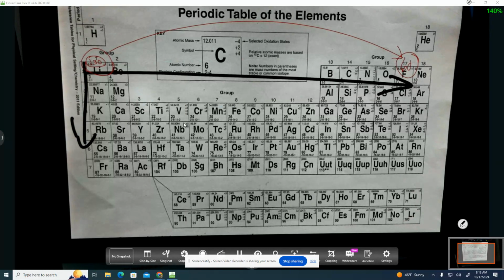Protons, right? And those protons that are inside the nucleus have a positive charge. And the electrons that are in those energy levels have a negative charge, and they're attracted to each other. So you've got a positive and a negative that are attracted to each other.